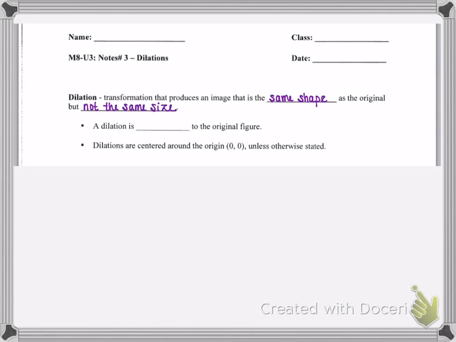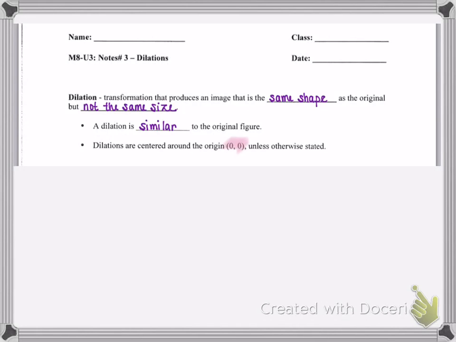A dilation is similar to the original figure, and dilations are always centered around the origin, which is the point (0, 0), unless they tell you otherwise.